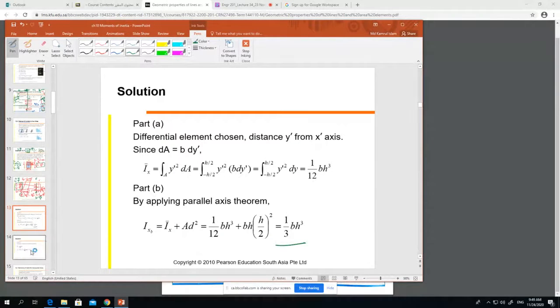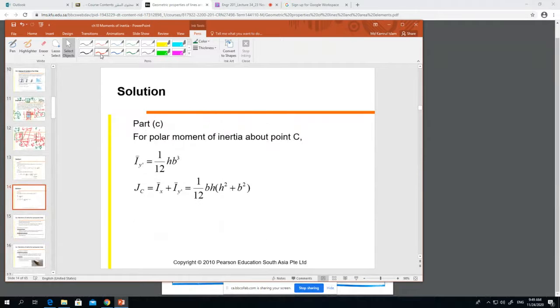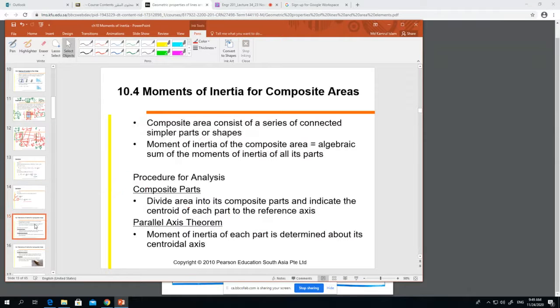They also write it like this, so you can see the slide also. There is a similar formula for the z-axis, x-axis, y-axis. For the z-axis, the polar moment of inertia is like this. Anyway, we skip it right now.